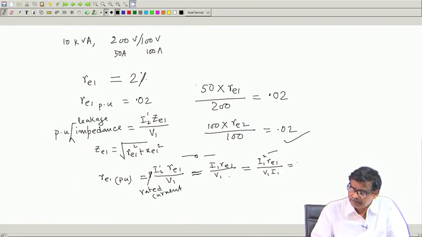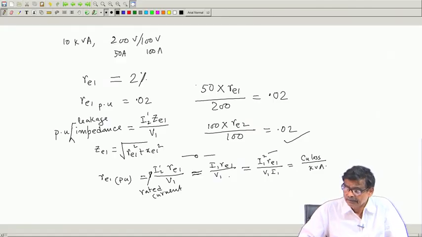And this is equal to the copper loss as a percentage of the kVA rating of the transformer. So there are various ways of telling.